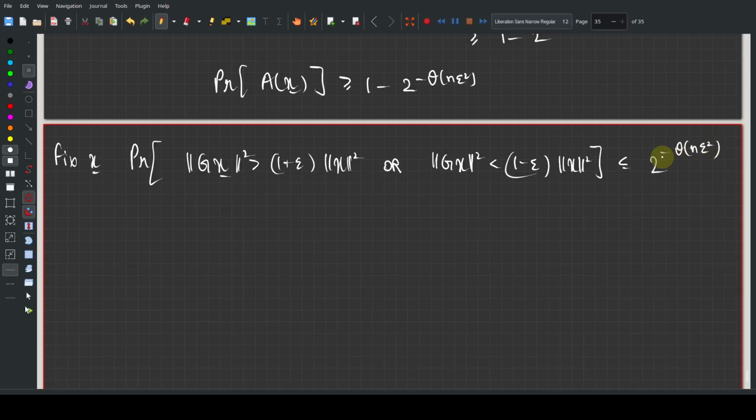Okay, so this is what I assume for now. We'll see how to prove this later. But let us suppose that this is indeed true.